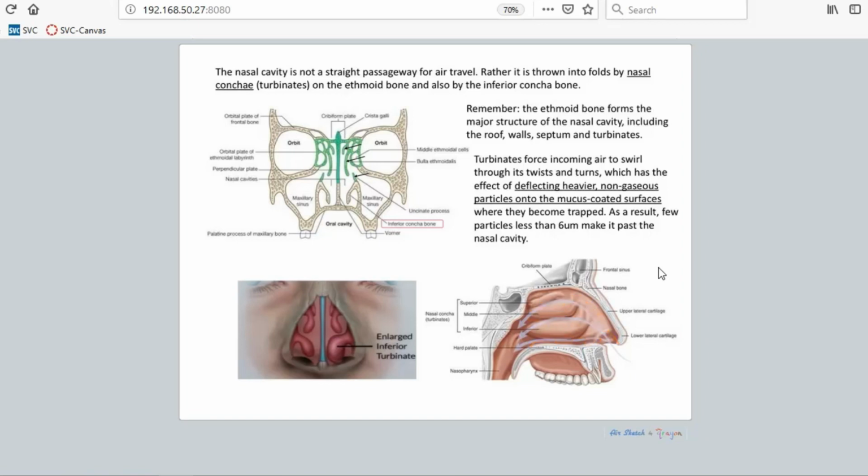And what that does is it throws air particles up against the nasal epithelium. And so what happens is that if there's dust or pollen in the air, then that gets thrown against the nasal epithelium, and it gets trapped on the mucus-coated surfaces. So those big heavy particles, basically, they get trapped in the nasal cavity because of these nasal concha, these turbinates, along with the mucus.